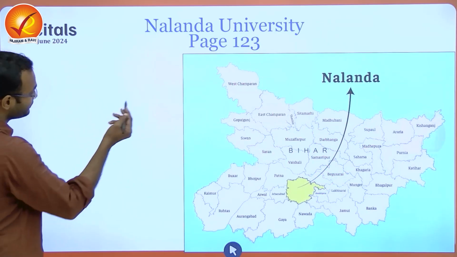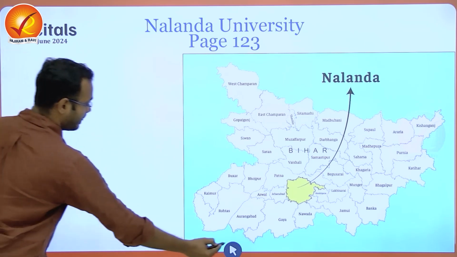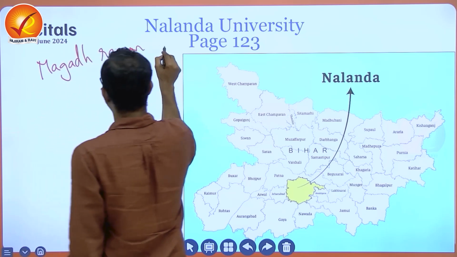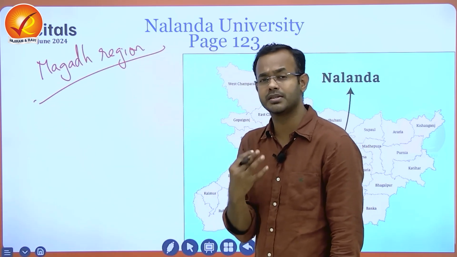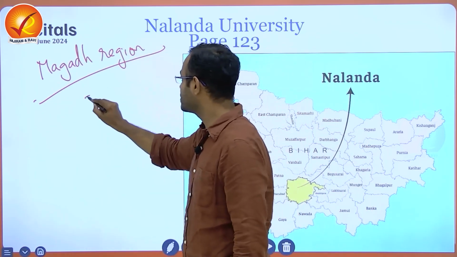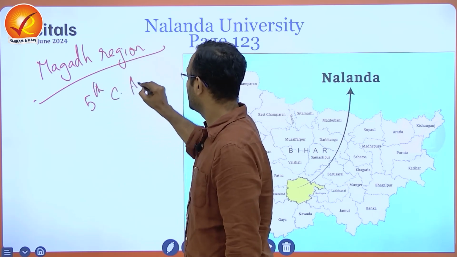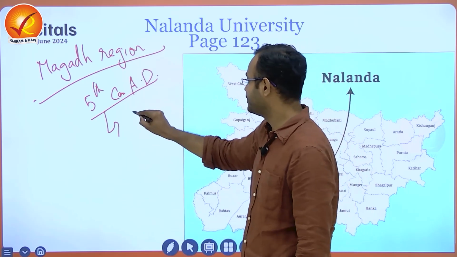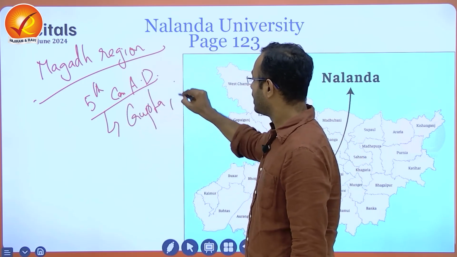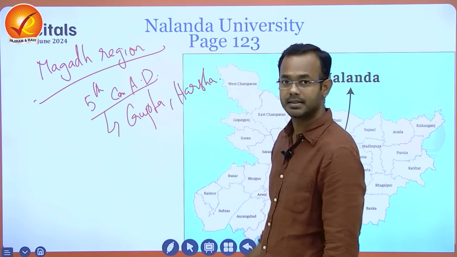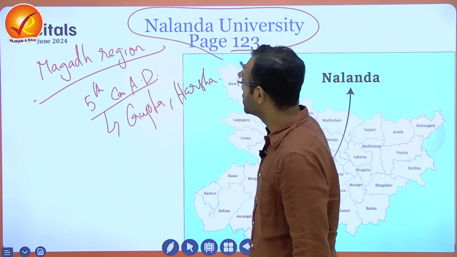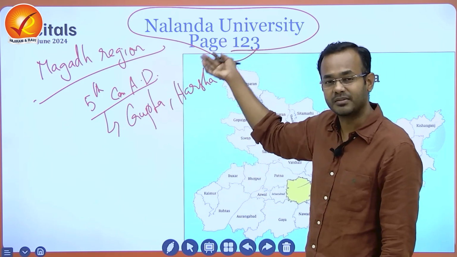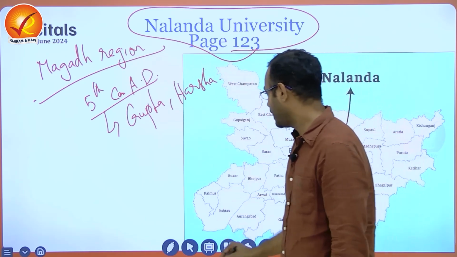Moving to the next topic, Nalanda. Nalanda is located in the Magadha region of Bihar. Magadha region is known for its cultural and intellectual significance. The university was built in the 5th century AD, and it got patronage from the Gupta dynasty and Harsha kings. There is reference to scholars from Tibet, China, Korea, Southeast Asia coming to India and studying in Nalanda University, right?